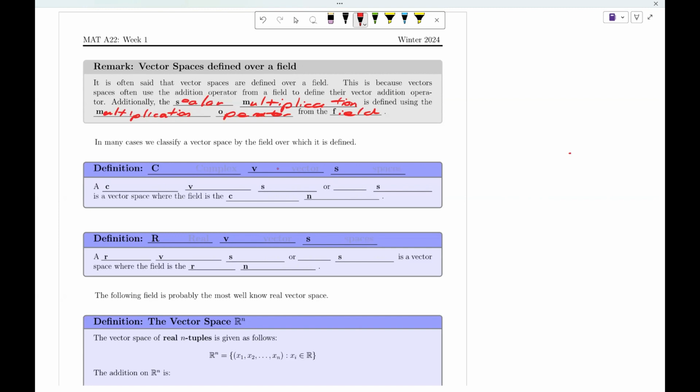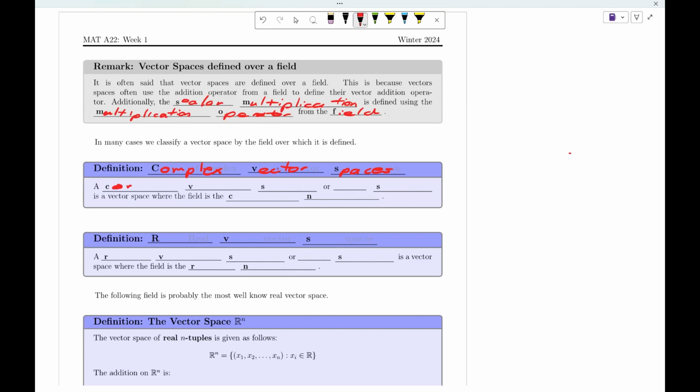So in many cases, we classify vector spaces by the field over which they're defined. Complex vector spaces are an example of this.